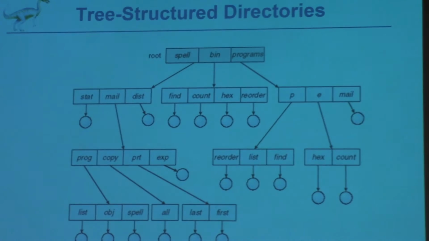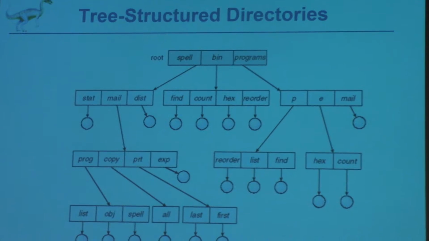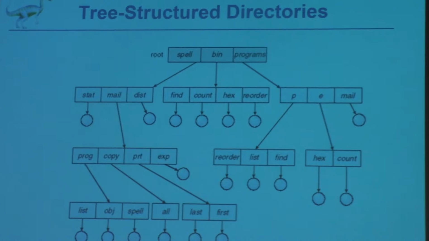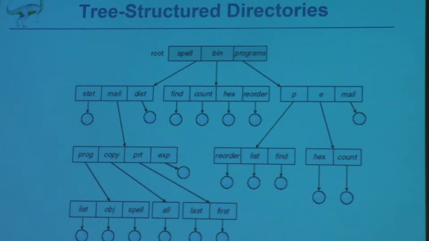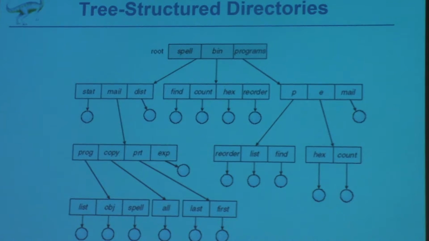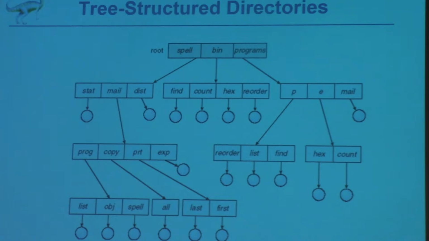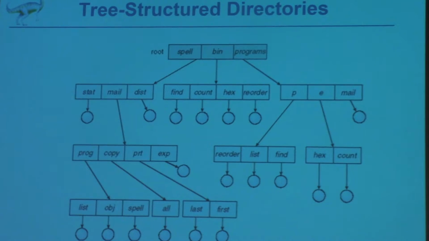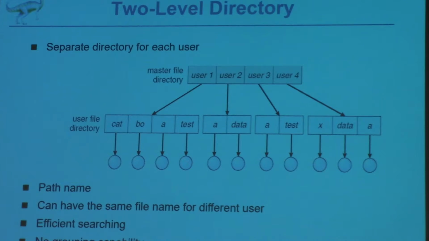So suppose that they are the same file, but if they have different paths, we cannot share the same file under the tree structure. That is one of the problems of the tree structure. Once you go to here, you cannot access the other sibling node, so you cannot share. So tree structure can reasonably serve to generalize the problem of the naming and grouping, but it's not very flexible.